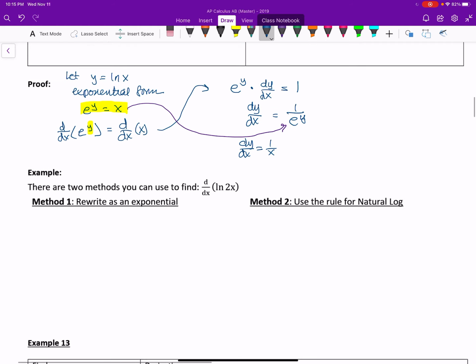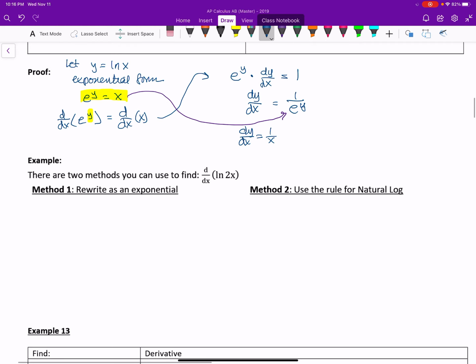Let's try an example. Let's try two different ways of doing this then. If I want to find the derivative of the natural log of 2x, I have two options. One option is to rewrite it as an exponential, so I'm going to let y equal the natural log of 2x, like so.